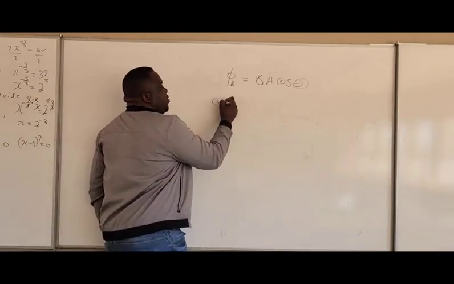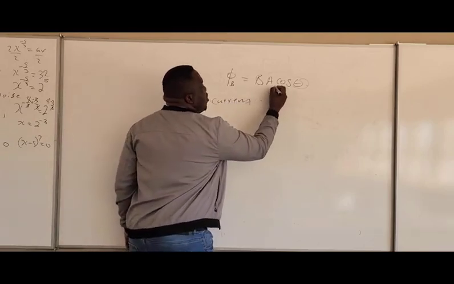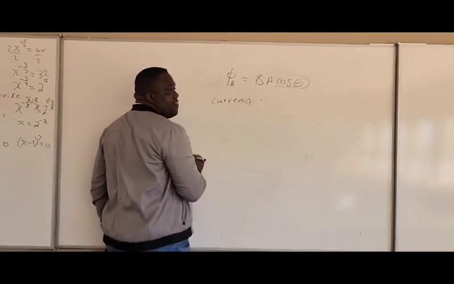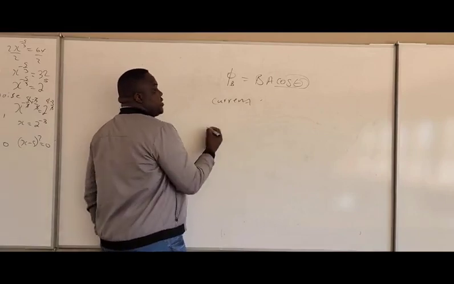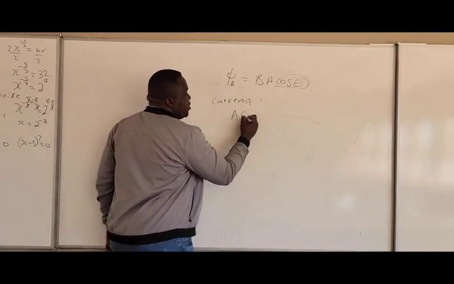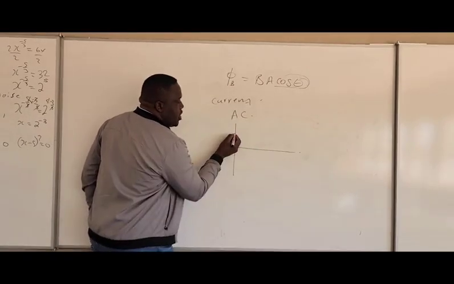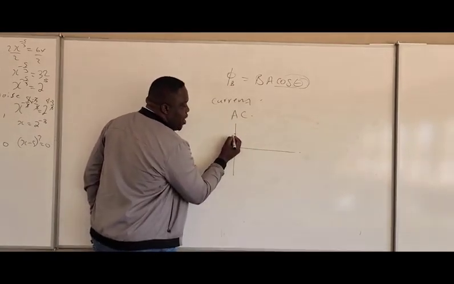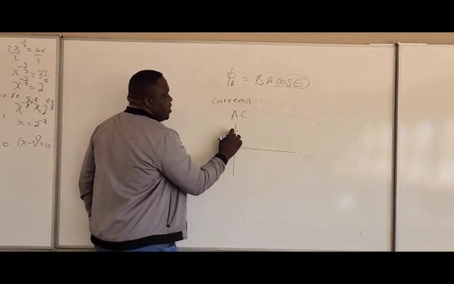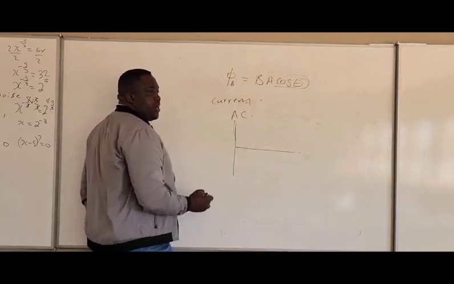So for current, as I was saying, we're going to have cos as it is. Whenever we have a graph for current, let's say it's an AC, we know it is going to alternate. Then here we're going to have particular values. I can't write numbers, because if I write numbers, I'll be implying something.